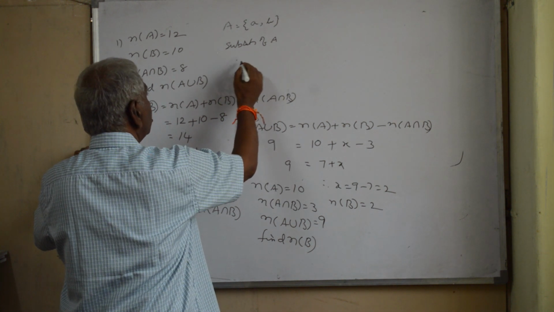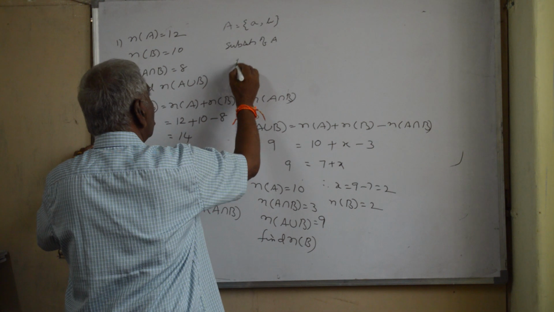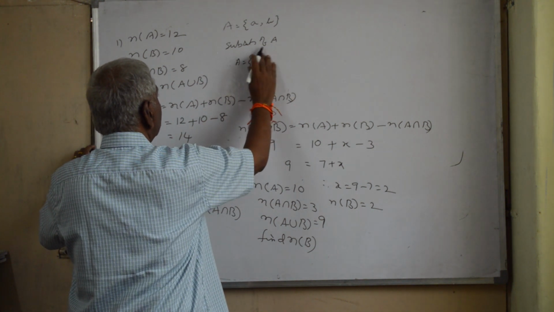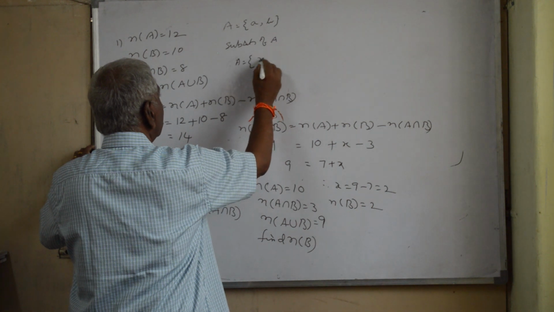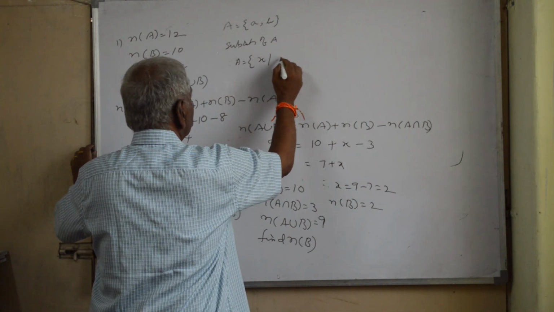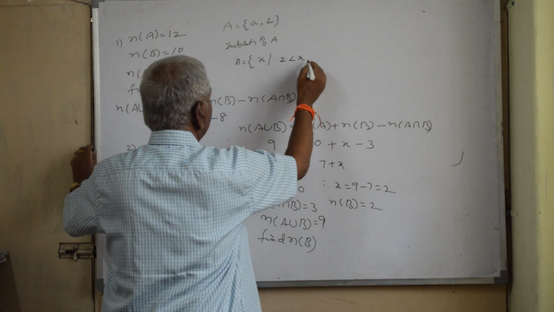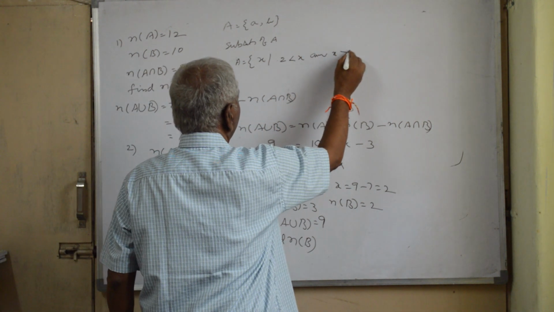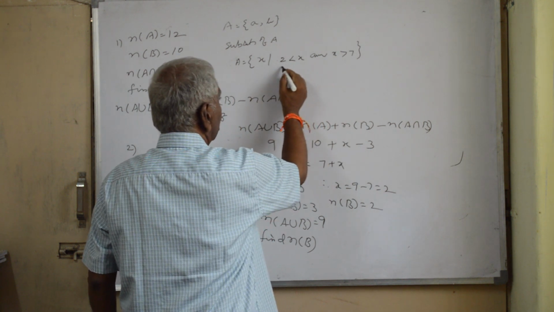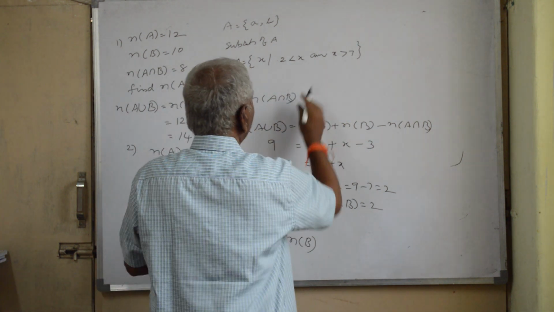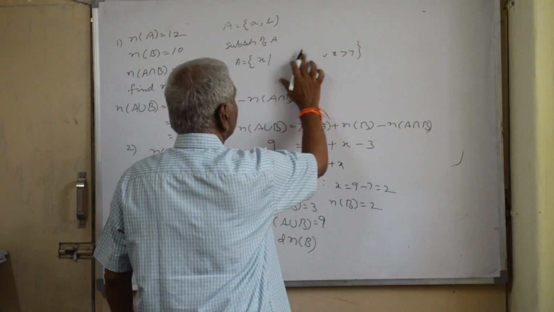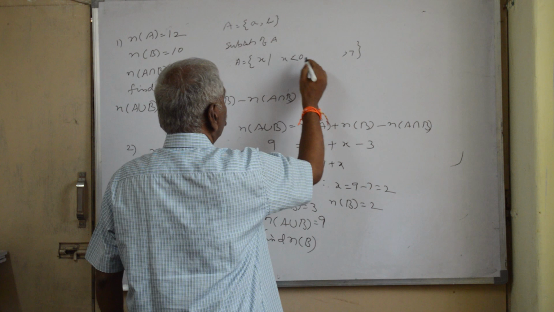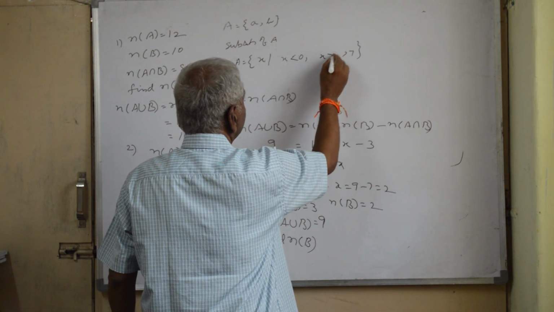Let us suppose A is equal to {x such that x is less than 0 and x is greater than 7}.